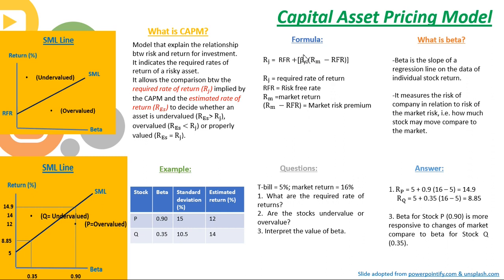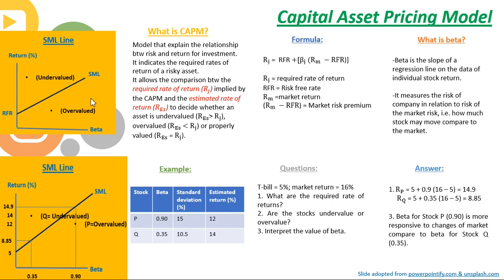Having looked at what CAPM is and what beta is, you can compare the required rate of return with the estimated rate of return to decide whether the stock is undervalued, overvalued, or properly valued. From the required rate of return, you will draw an SML line, which is a graphical depiction of the capital asset pricing model.